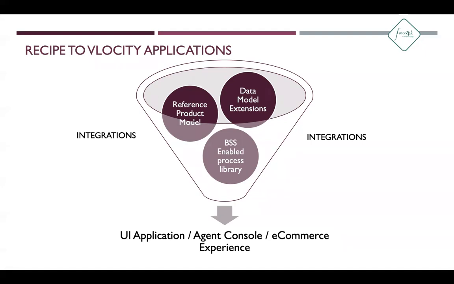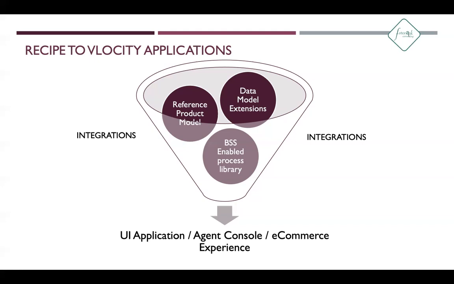So when I say data model extensions, Vlocity has created their own data model, which allows you to create, for example, a multi-level product hierarchy, which you cannot do with the normal CPQ or normal product config that comes in Salesforce out of the box, unless you buy a CPQ tool like Salesforce CPQ or Apttus CPQ.